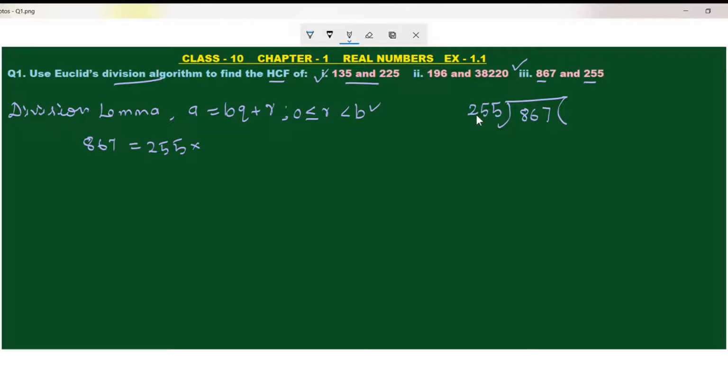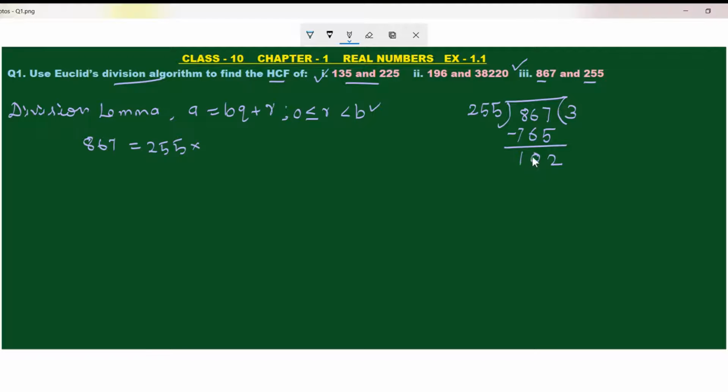We can go with 3 times. 2 times will be very lesser than this, so that we are going with the 3. 3 5s are 15, 1. 3 5s are 15 plus 1, 16, 1. 3 2s are 6 plus 1, 7. Now we have to subtract these both. After subtraction, what we will get? 7 minus 5, 2. 6 minus 6, 0. And then 8 minus 7, 1.